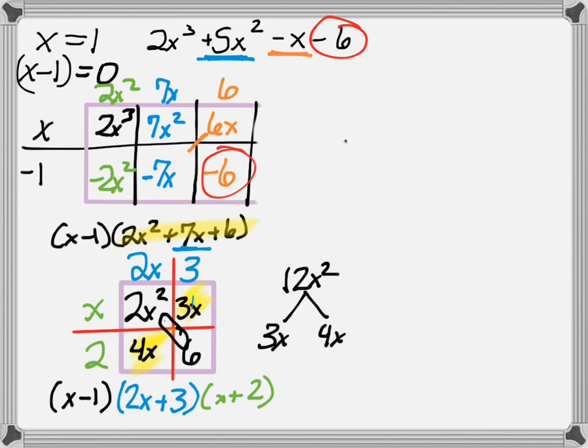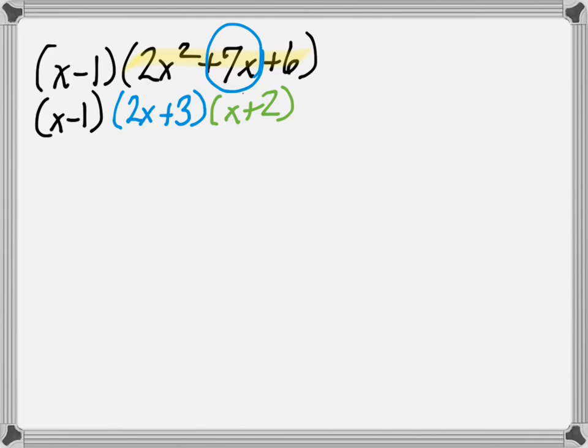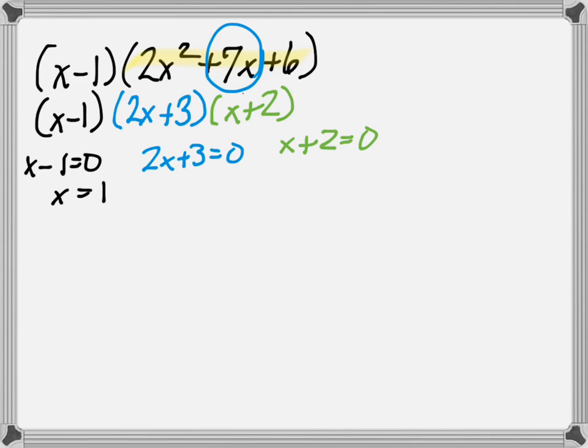But if it asks us for what the roots are, that's when you take those factors and set them each equal to 0. So x minus 1 equals 0, 2x plus 3 equals 0, and x plus 2 equals 0. And we're going to solve each one of those. So x minus 1 equals 0 means x had to be a 1.